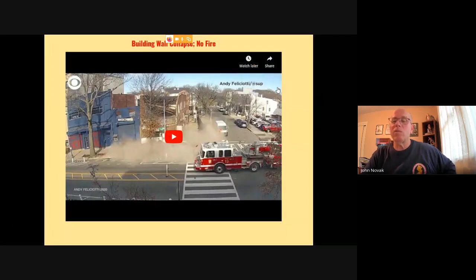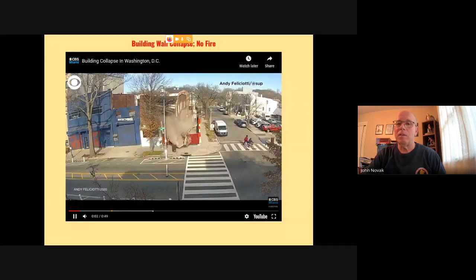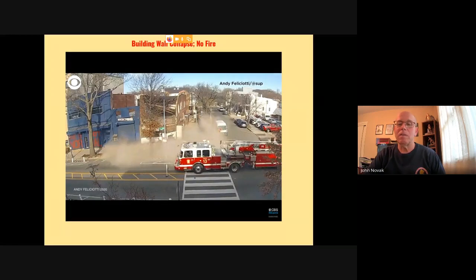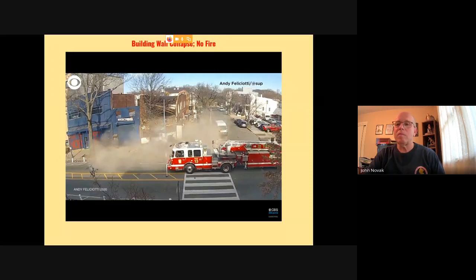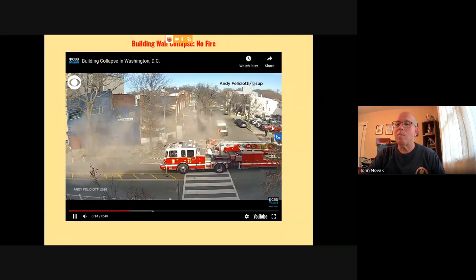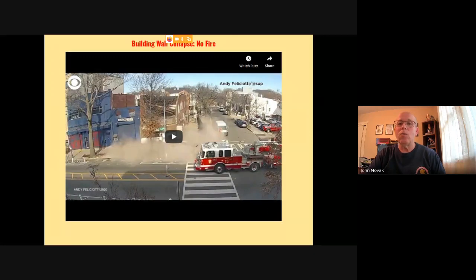All right, so I don't know if anyone saw this video. The tiller just happened to be driving down the street, and all of a sudden this building decides to collapse out of nowhere. Again, older buildings.